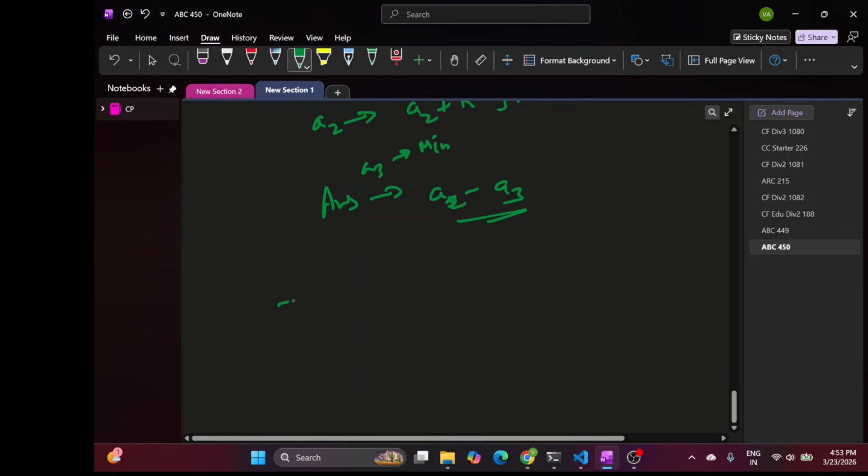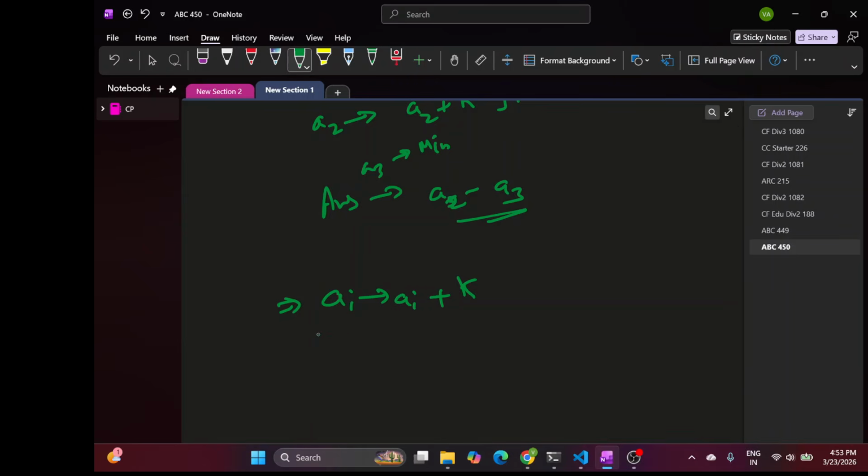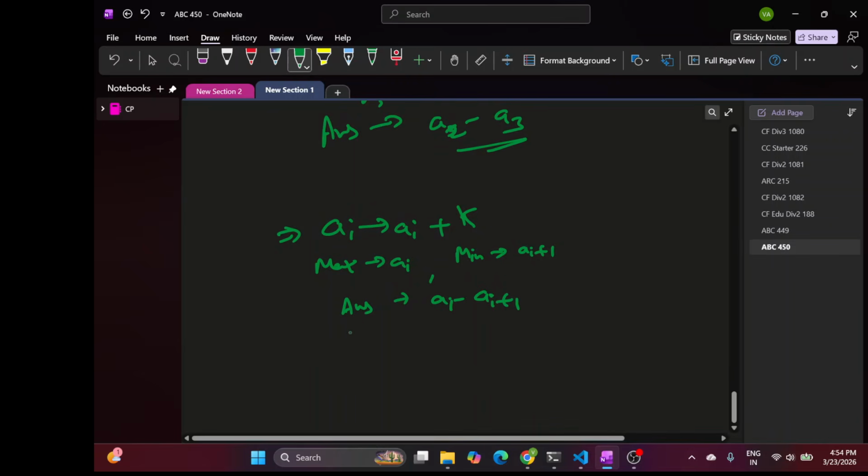So basically we can do this n times, and when Ai is changed to Ai plus k, our max is Ai plus k and our min is Ai plus 1, right? And for this our answer is Ai plus k minus Ai plus 1, right?